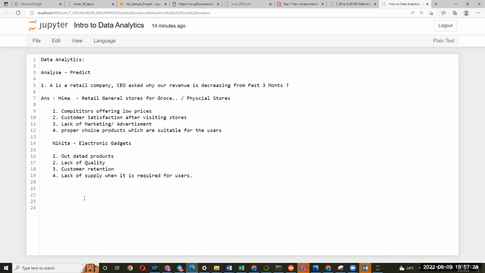Is that the more impactful one, or the quality of goods delivered to the customer, or when a customer visits the store and the hygiene is not good? Among these three reasons, which one is going to impact our business?